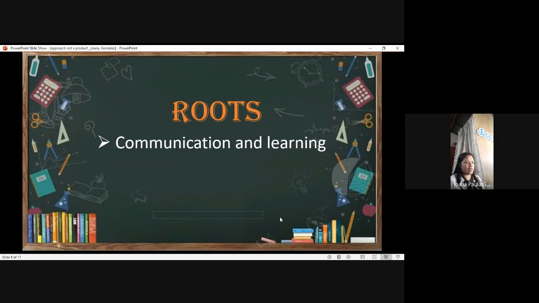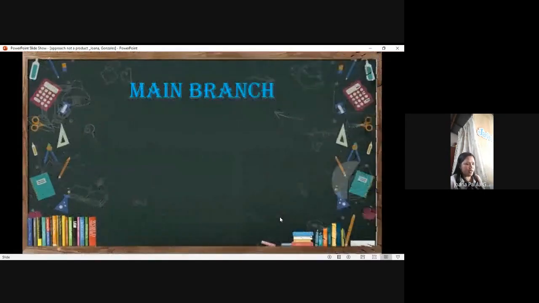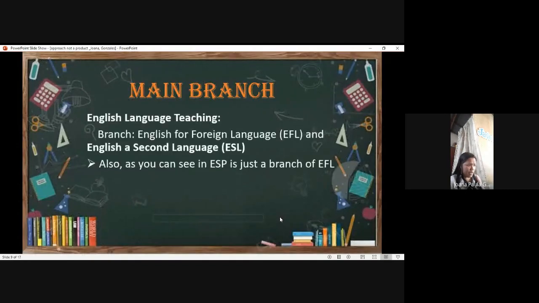ESP is a branch of English language teaching, but the roots that nourish it are communication and learning, and it is designed to meet the specific needs of learners. In the main branch of English language teaching are English as a foreign language and English as a second language. Also, as you can see, ESP is just a branch of ELT.